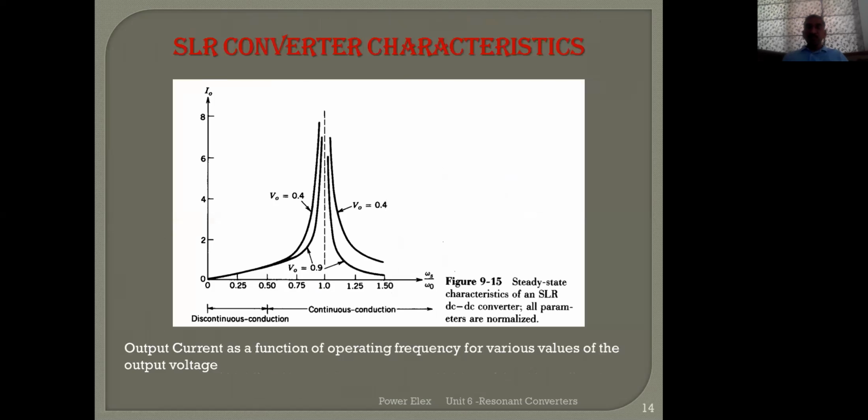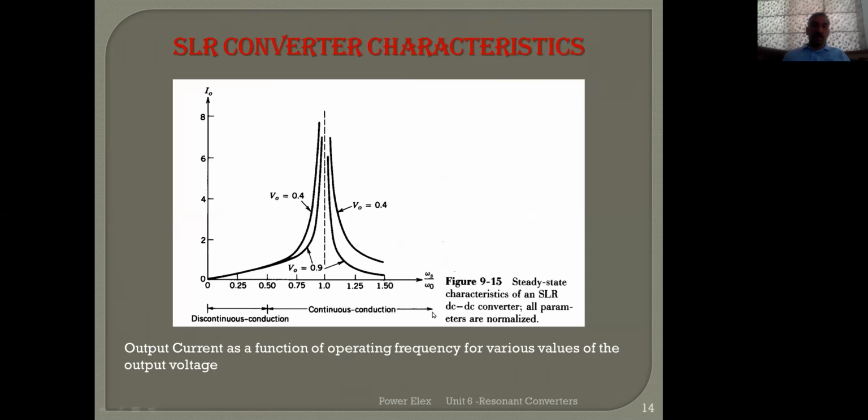So if we want to summarize these characteristics at different omega zeros, different operating frequencies with respect to resonance frequency, we can see below 0.5, means frequency below 50% of the resonance frequency, it was in a discontinuous mode as we discussed. Above 0.5 to 1, it is in continuous conduction, and above resonance frequency, it is also in continuous conduction.